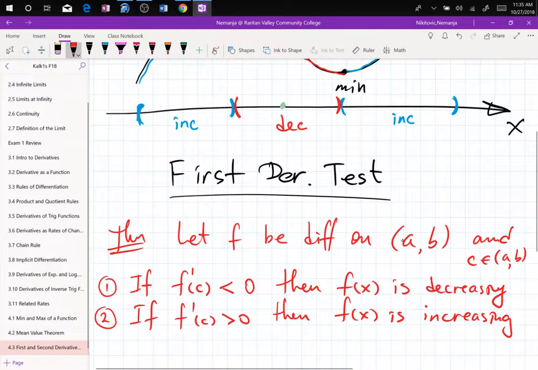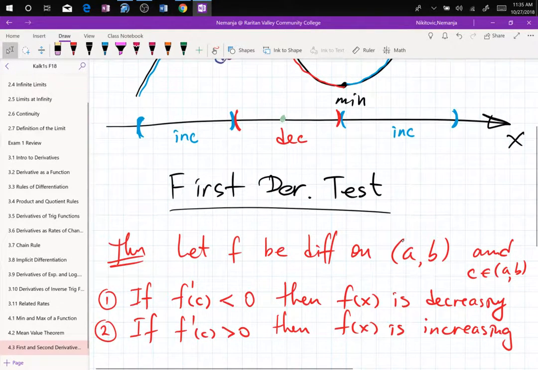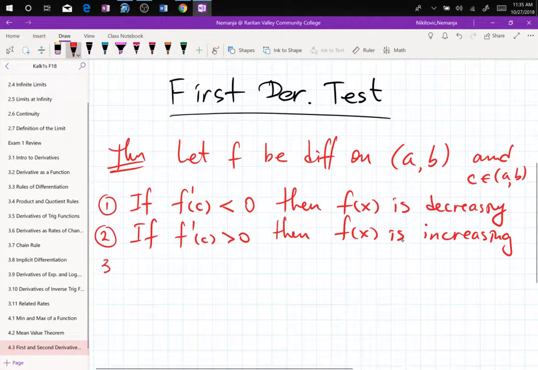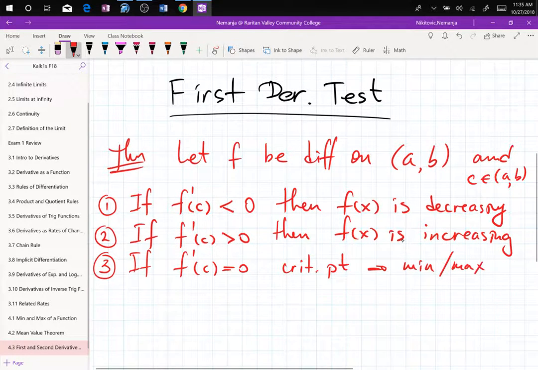We learned this in chapter 3 when we drew the derivative off of the function. And number 3, if f prime of c is equal to 0, that's a critical point, which is a min or a max. That's it.